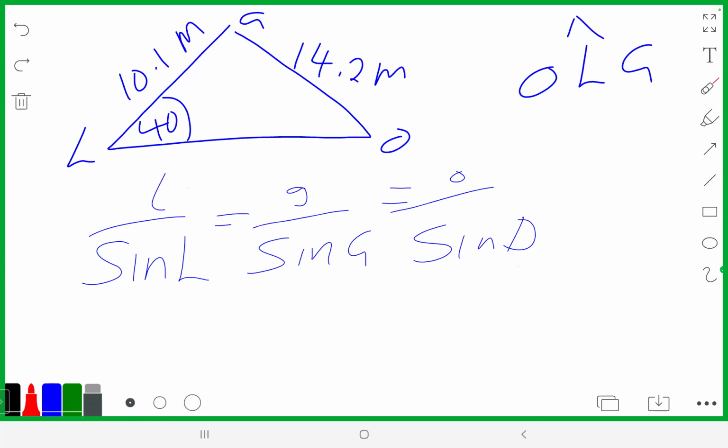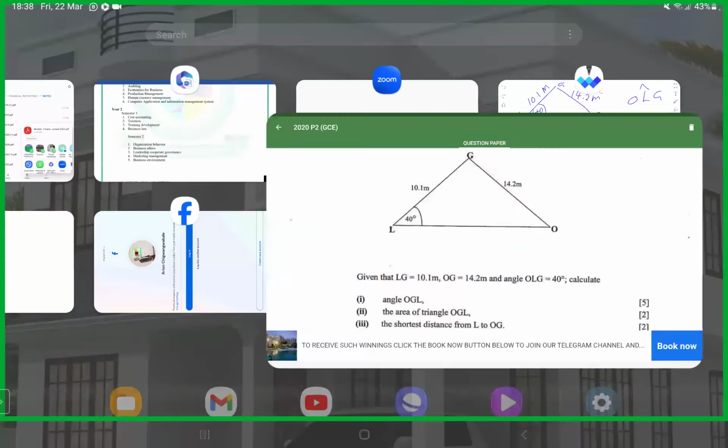Side L is there, isn't it? Yes. This is side L, we said. Do we have sine L? We have sine L. Do we have side L? First, let me check. OL.